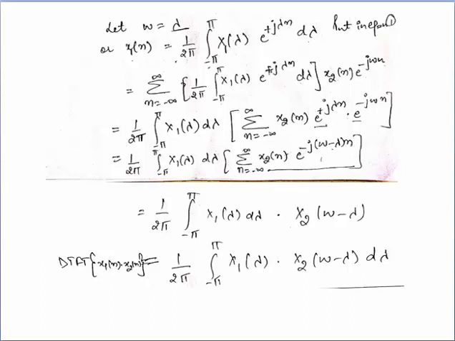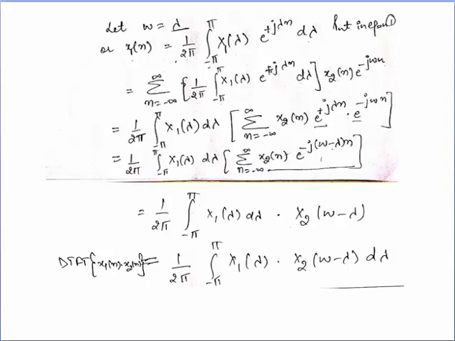Now separate the terms of lambda and omega. So it becomes 1 by 2 pi integral minus pi to pi X1(lambda) d lambda out, and inside the bracket, summation n tends to minus infinity to infinity x2(n) e raised to power plus j lambda n into e raised to power minus j omega n.